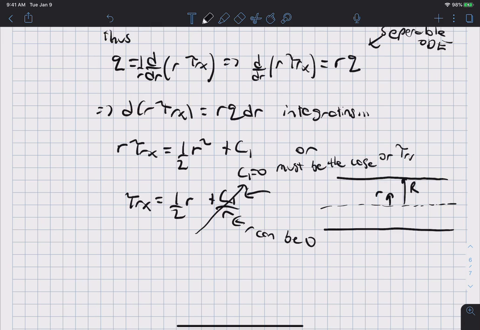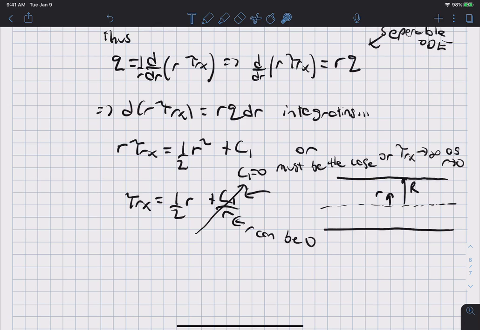Otherwise tau_rx will approach infinity as r approaches 0. An infinite shear stress at the center line of the pipe makes no physical sense whatsoever. So it must be bounded, and the only way for that to happen is if the integration constant is in fact 0.